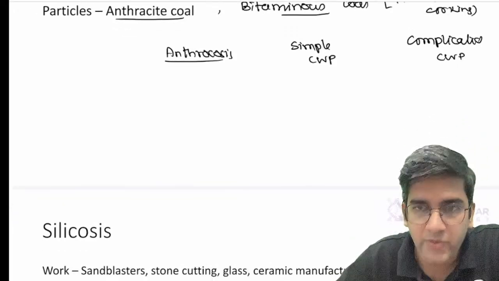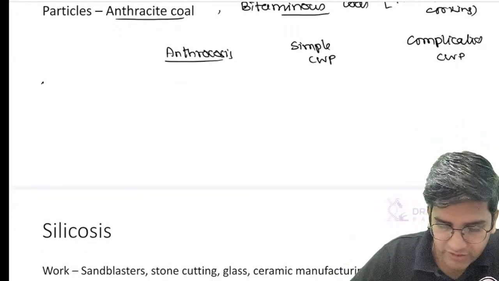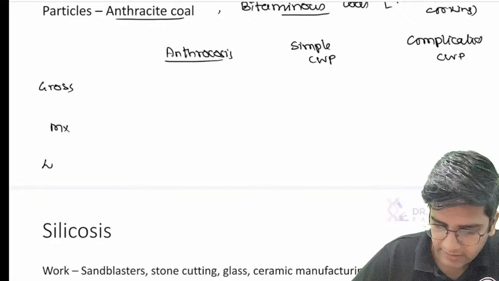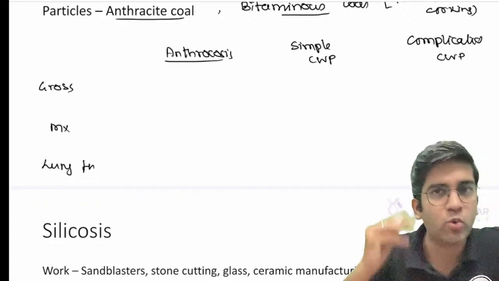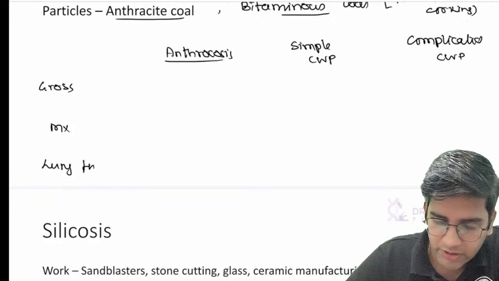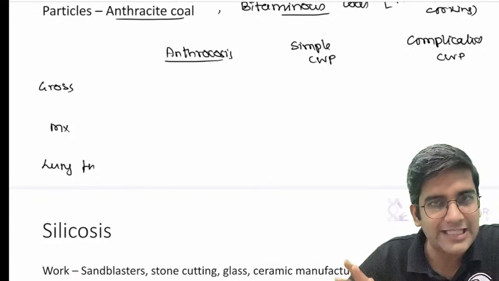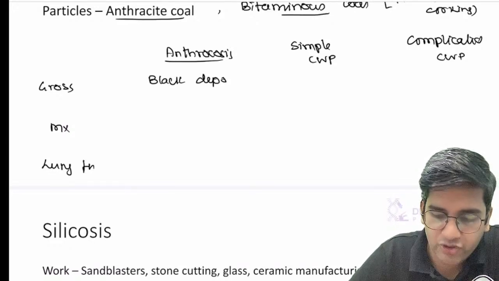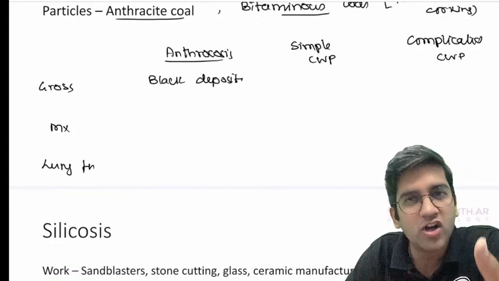Fine. Good evening, Sam. So again, for this, I need a very tiny gross finding, microscopic finding, lung function. This is the same table you must have read in the routine classes as well. It's very simple. Anthracosis will not have any classical gross finding, just a few black deposits on the lung surface, which can be seen in your lung, my lung.